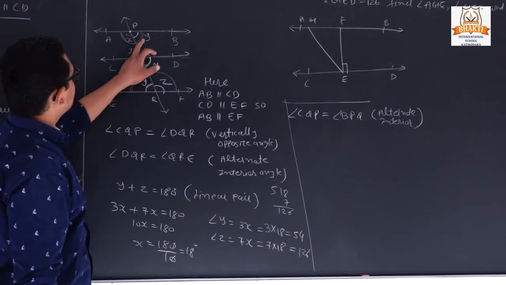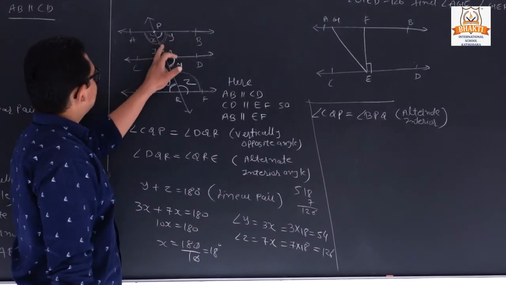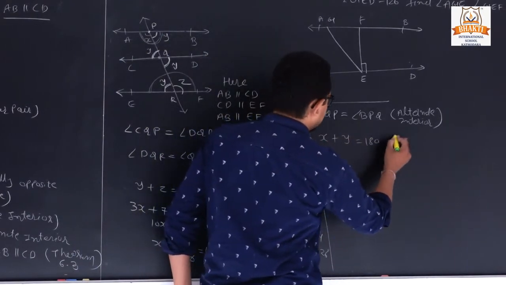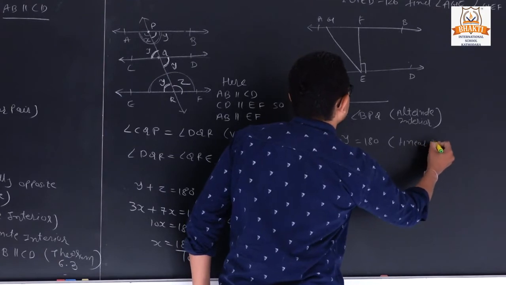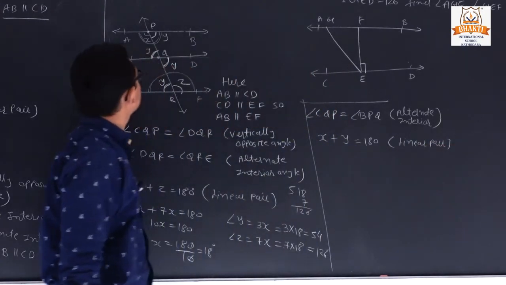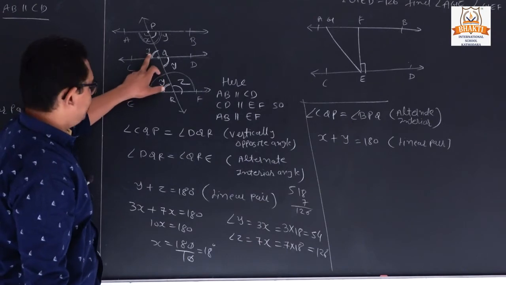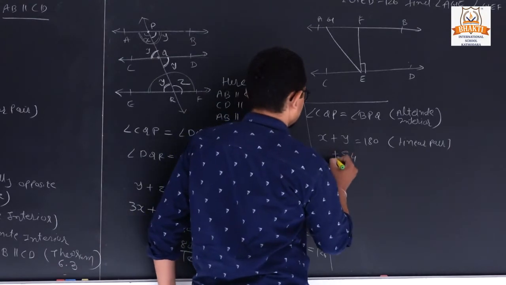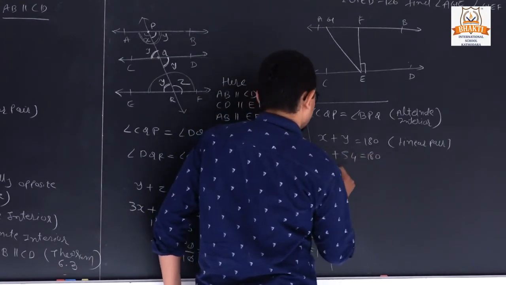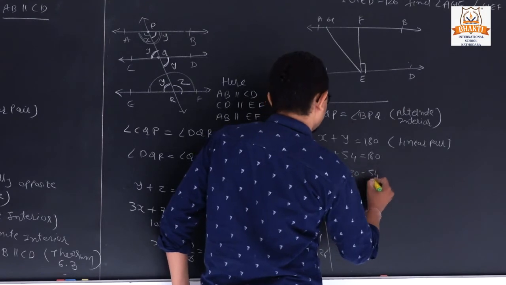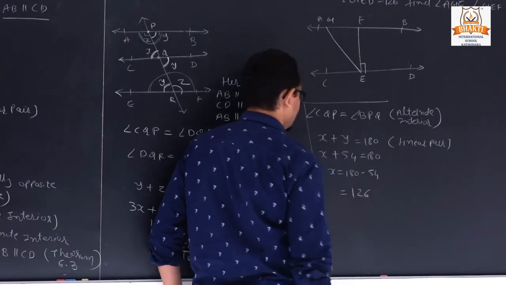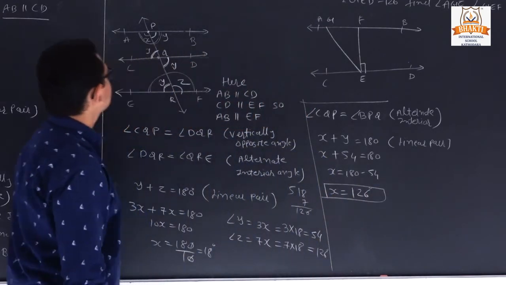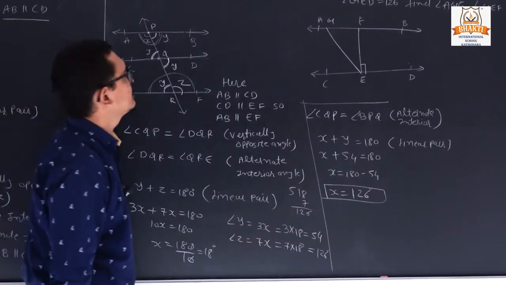So these both are the same. Now here we have a linear pair. See that. So angle x plus angle y is equal to 180. In bracket we can write linear pair. So now y we already found, 54, clear. So x is equal to 180 minus 54, so it will be 126 degree. So what is the value of x? It is 126.